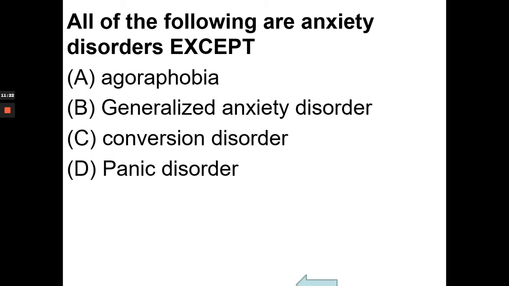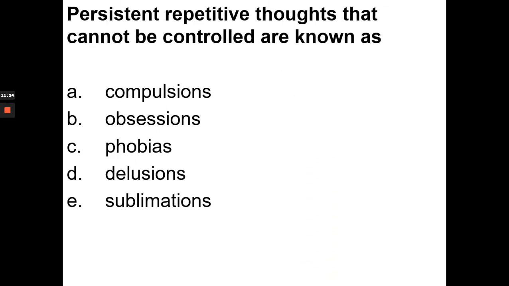All right. Persistent, repetitive thoughts that cannot be controlled are known as what? Okay, thoughts. The answer is obsessions. Okay, obsessions are thoughts. Compulsions are behaviors.